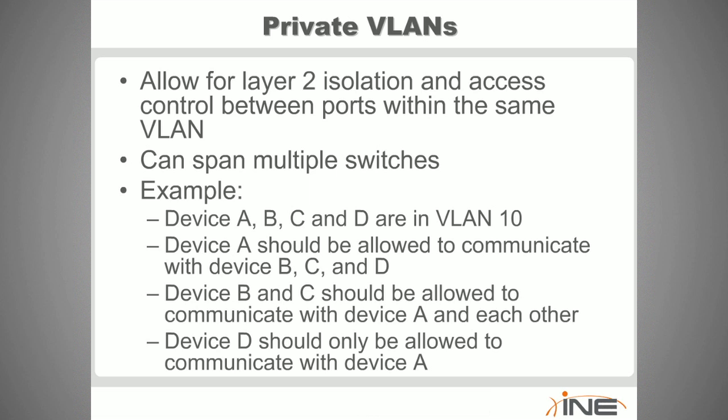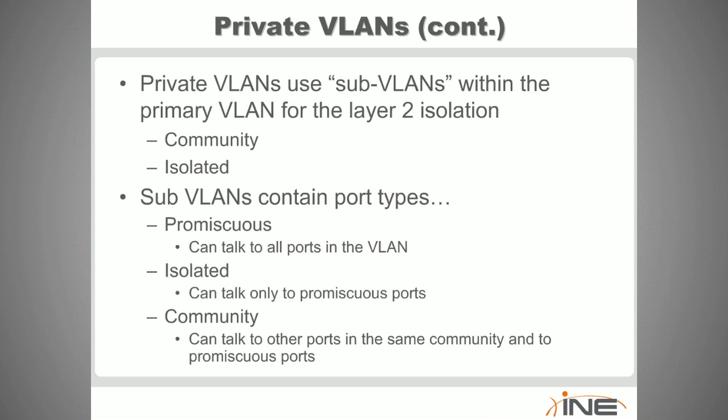And additionally, what's nice about this feature is that it can span multiple physical switches. So if multiple switches in a row agree on what the private VLAN assignments are, the devices do not have to be all on the same physical switch. Now, the way that this is accomplished implementation-wise is first off, we take our main VLAN, which is called the private VLAN, and we're going to break it down into 2 sub-VLANs.